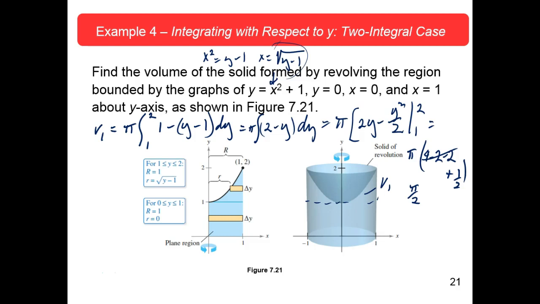And that's what they got. Okay, so the bottom part here is pi times 1 squared times 1, which is just pi plus pi halves is 3/2 pi.